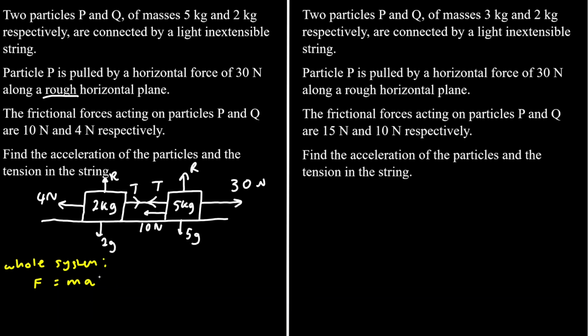So the resultant force is forwards, which is 30, take away forces backwards, which is 10 newtons and 4 newtons, so 14 in total, equals the mass. So the whole system, 5 plus 2 is 7 kilograms. The string's got no weight, times acceleration. So 16 equals 7 times a. a is 16 over 7 meters per second squared.